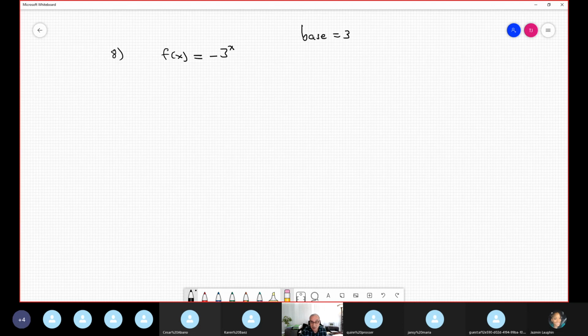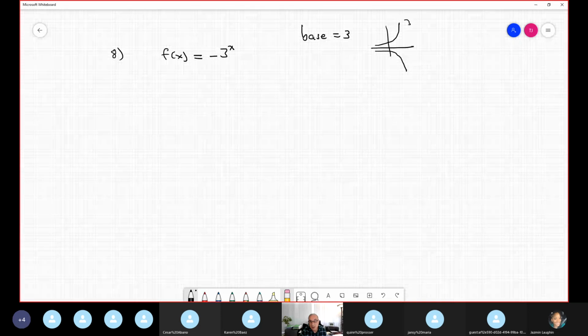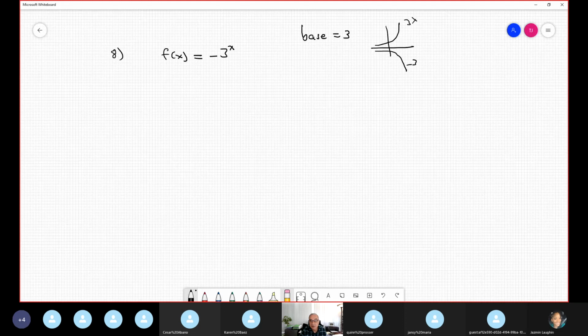So this exponential with base 3 looks like that, right? Now the new exponential after the reflection looks like that. This is 3 to the x and this is -3 to the x. In other words, the y value changes sign. So let's try the typical point, at x equals 0, which is universal. y is equal to -3 raised to the 0 power.